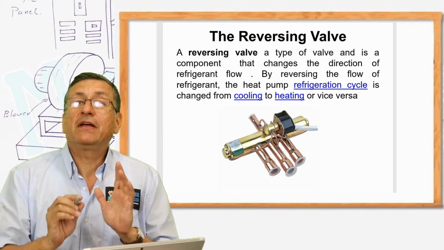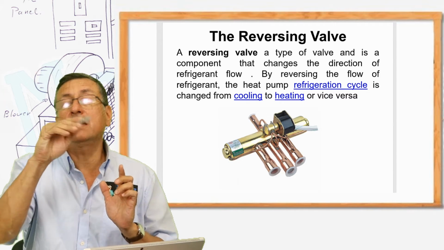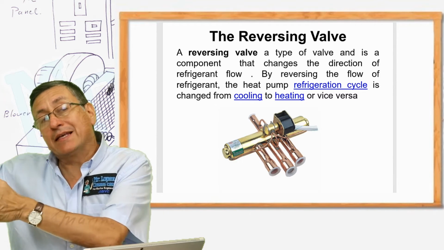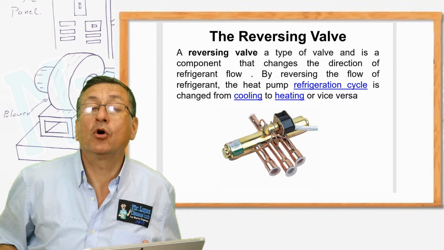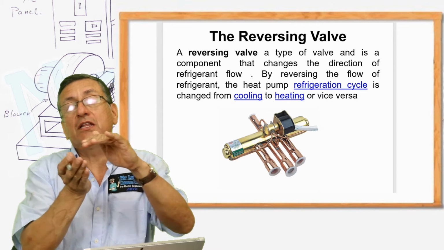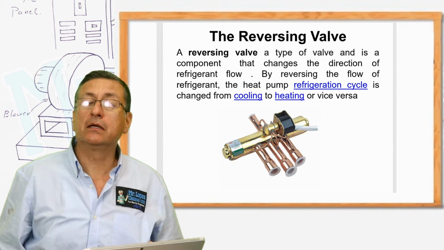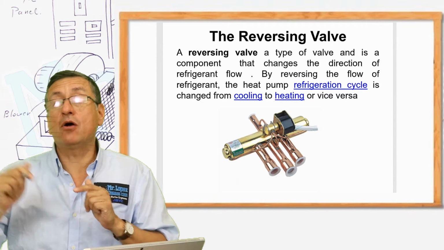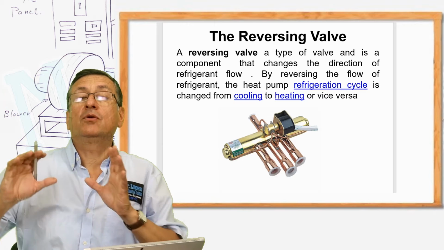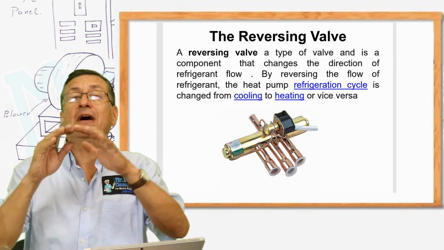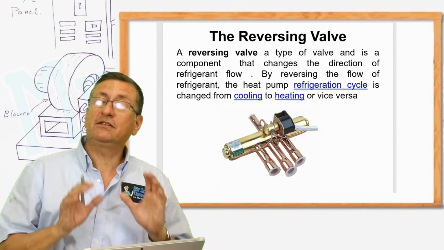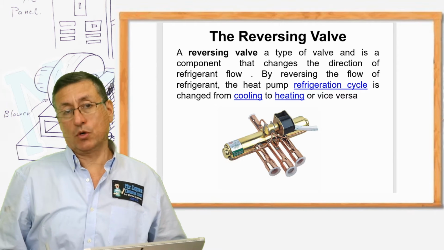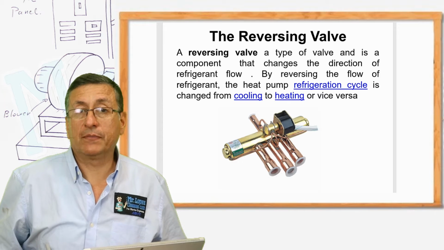This is a special valve that sends the refrigerant in one direction, either into the external coil or into the internal coil. Depending on where the refrigerant is coming out from the compressor, you have a cooling mode or you have a heating mode. This is possible because of this valve, the four-way valve or reversing valve.